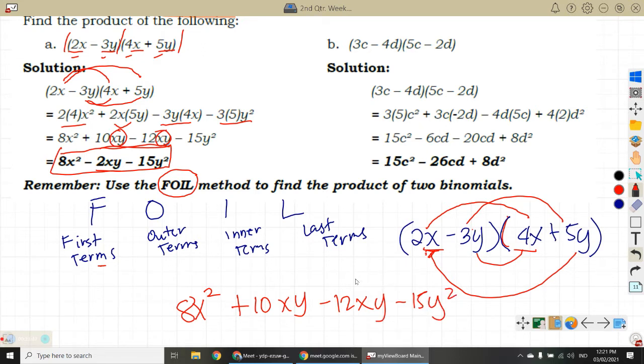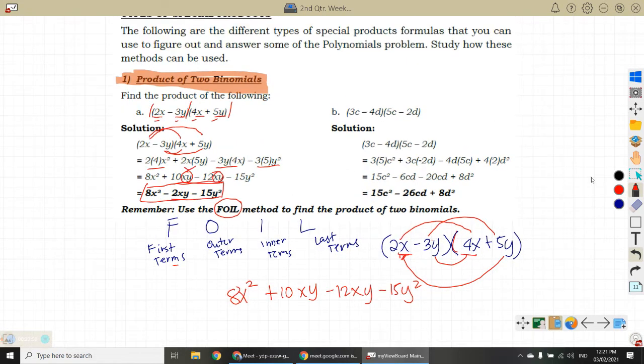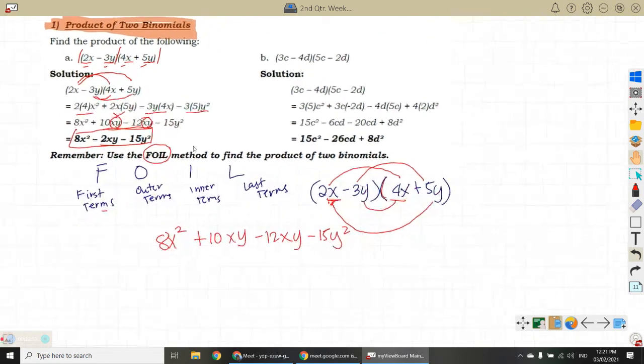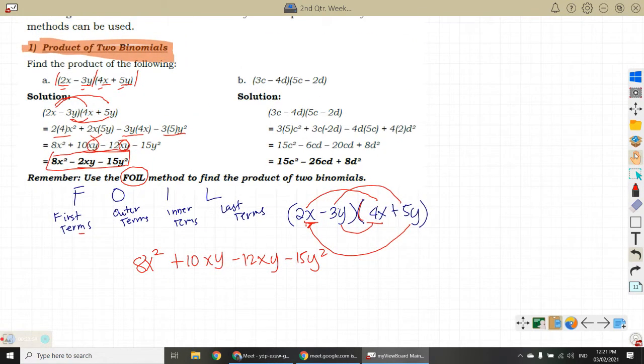And then, ano nga ulit gagawin? You're going to combine yung magkaparehas ng terms, like terms. So, what do we have? Ito. So, therefore, we have 10 minus 12 is negative 2, so negative 2xy. The final answer will be 8x squared minus 2xy minus 15y squared.